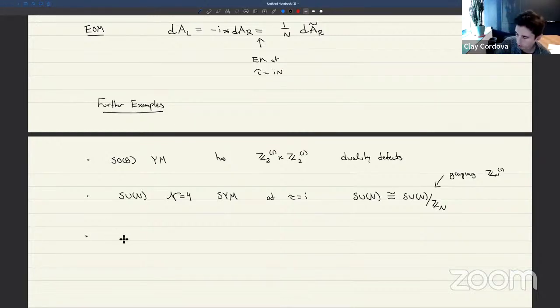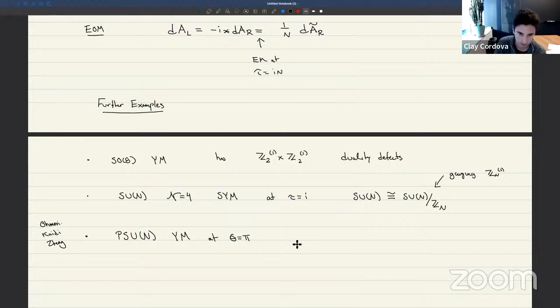Maybe I'll mention one other. This is not due to me. This one is due to Komargodski, Ohmori, Roumpedakis, and Seifnashri. They discussed PSU(N) pure Yang-Mills, non-supersymmetric, at theta equals pi.